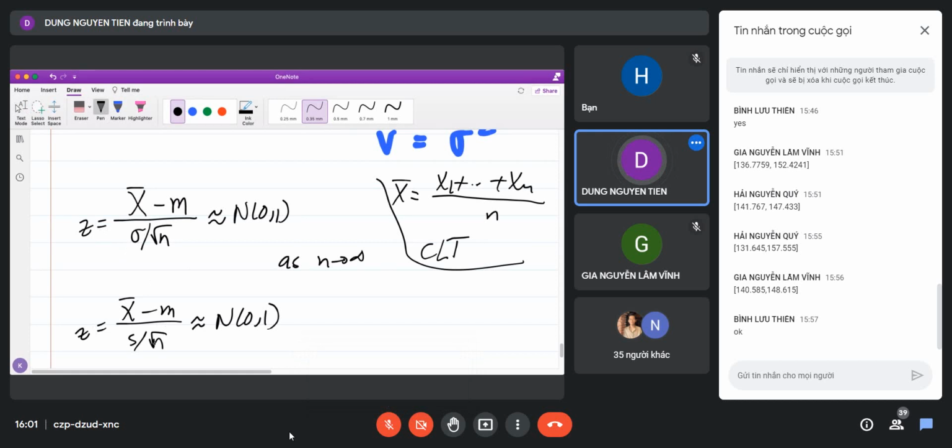If you don't know sigma, you can use the second one to approximate it. Are there any questions so far, everybody? That should be okay, right? All right, may I move on?